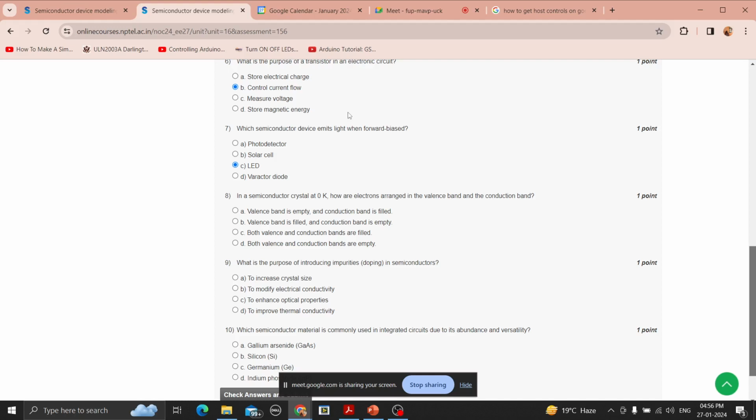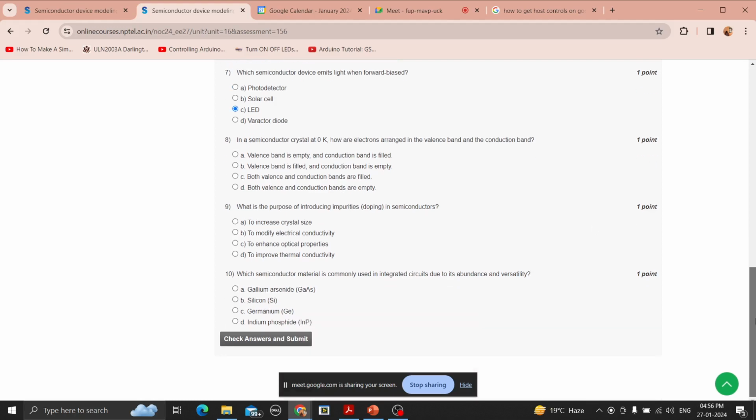That comes from Planck's constant, E equal to hc by lambda. If you multiply h and c, that gives 1.24 in micrometers or 1240 in nanometers. So for LEDs we use direct band gap semiconductors.